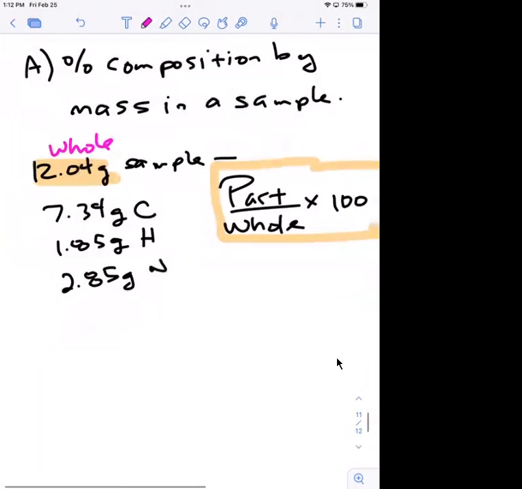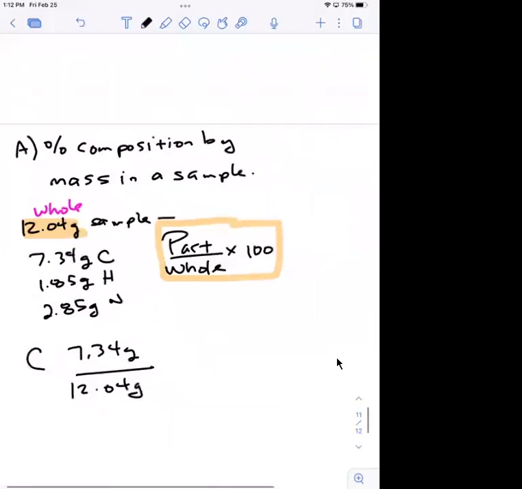So we want to find out the carbon percentage in that sample. All we do is take the carbon mass that we're given, 7.34 grams divided by 12.04 grams times 100. We do that and we'll get 61% carbon.